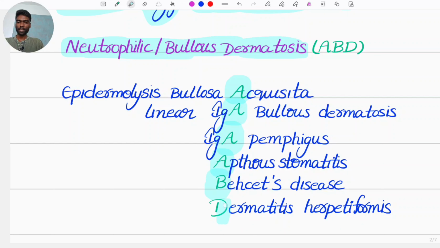For D: dermatitis herpetiformis. These are all neutrophilic dermatoses. In IgA pemphigus, accumulation of neutrophils occurs in the epidermis. In linear IgA bullous dermatosis, Behçet's disease and dermatitis herpetiformis, neutrophils will get accumulated in the dermis.